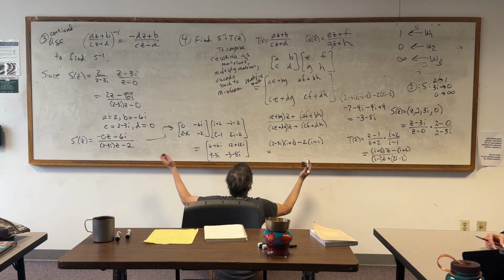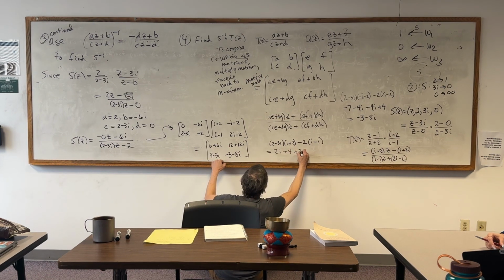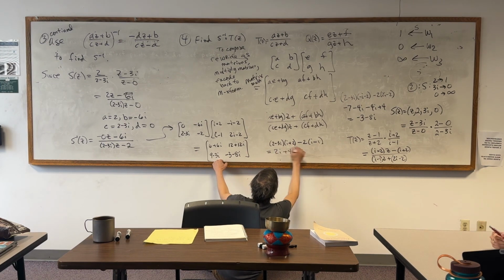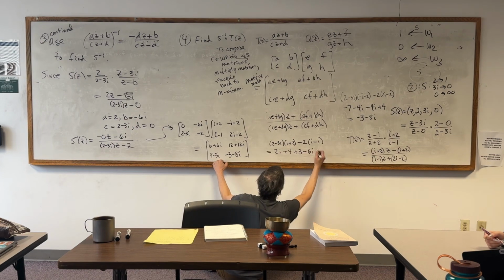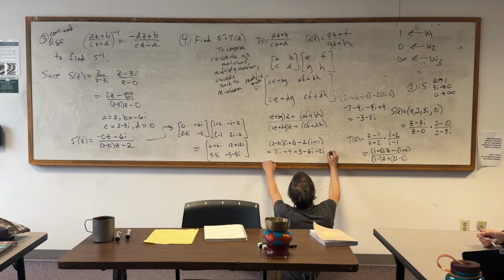So let me just FOIL. 2i plus 4 plus 3, because I get an i squared on the inner, and I had a negative, and then the L is negative 6i, and then I've got minus 2i plus 2.